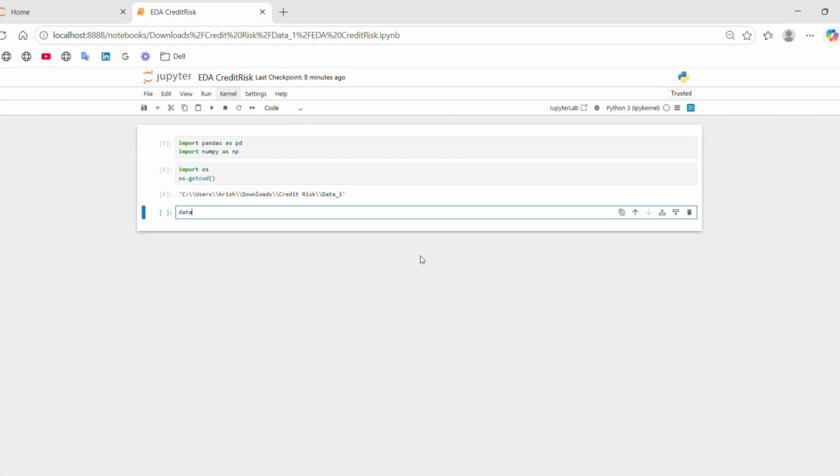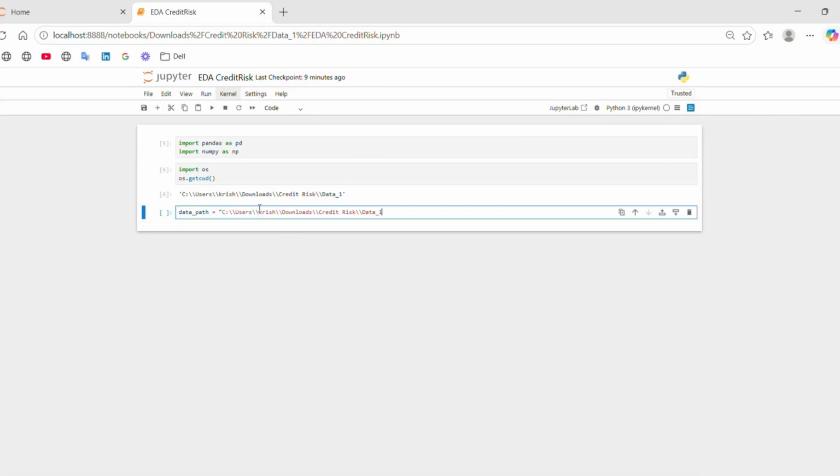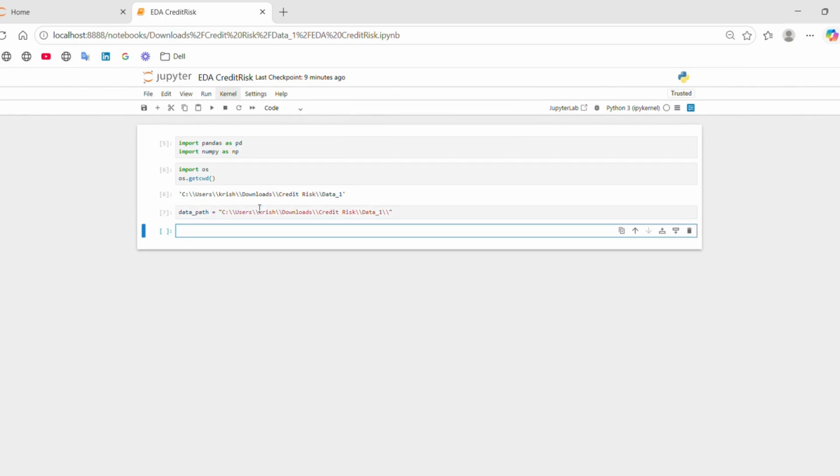Okay, now I'll define the data path. So for this I'll copy from above. Okay, now my file is in txt format. So for this the syntax I'll change a bit to read the file.